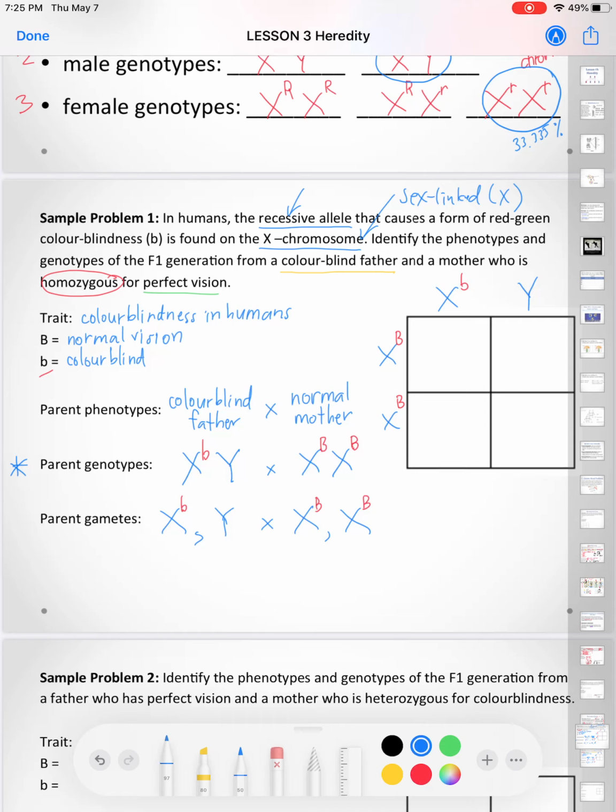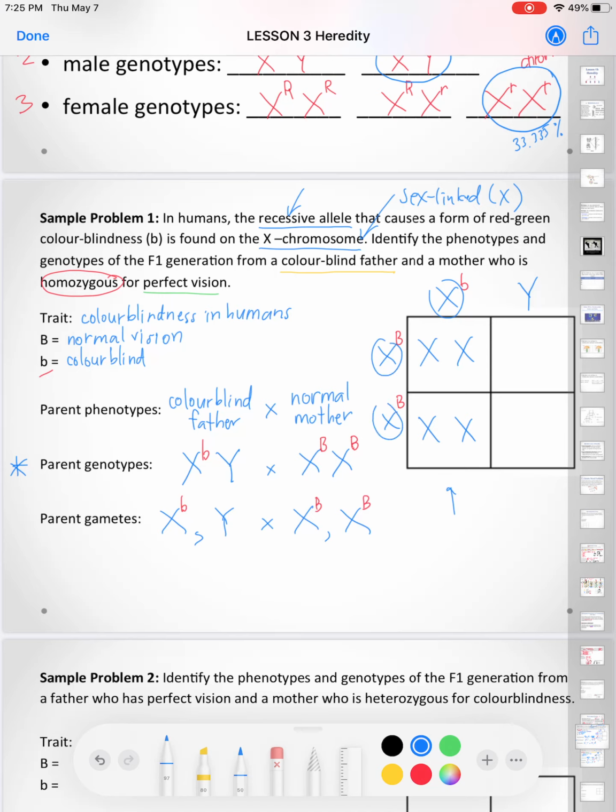Now, again, it's important for the offspring, put in the X's and the Y's first, and then assign the B's after. Okay, so we know, hopefully, at this point, that to have an offspring who's male or female, we have a 50-50 chance of having either gender. So this is going to show up in our Punnett square outcome. So we can see here in this column, we're going to have our 50% females from this gamete and these gametes.